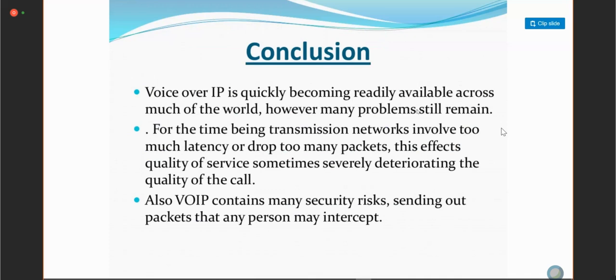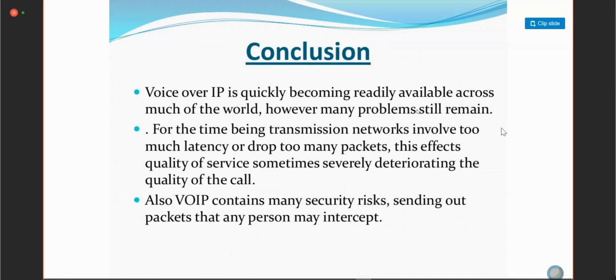Voice over IP is quickly becoming readily available across most of the world. However, many problems still remain. For the time being, transmission networks involve too much latency or drop too many packets.